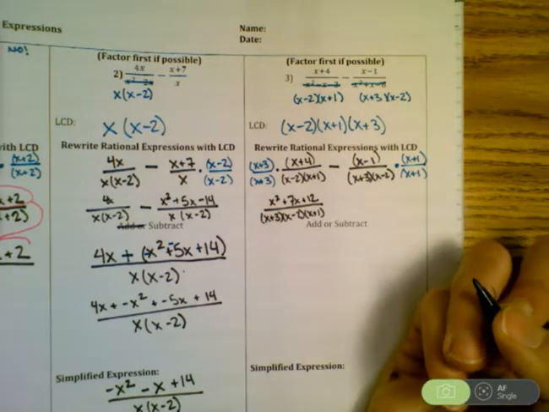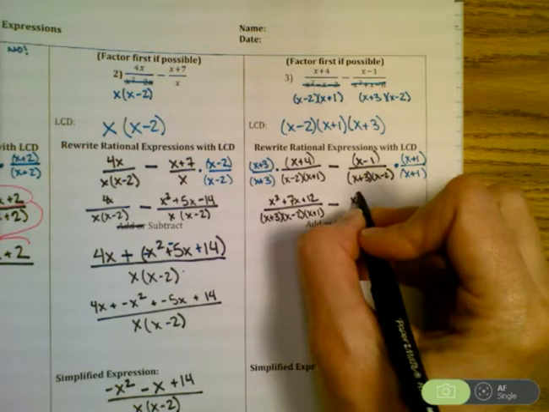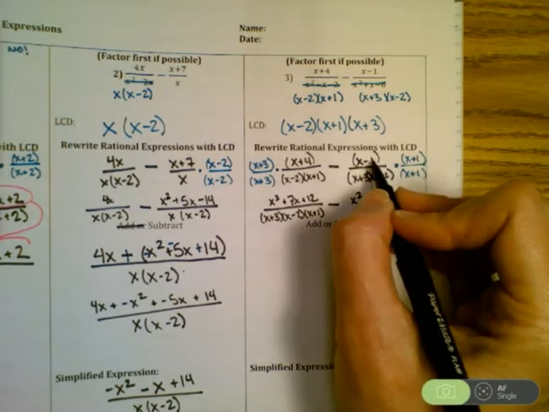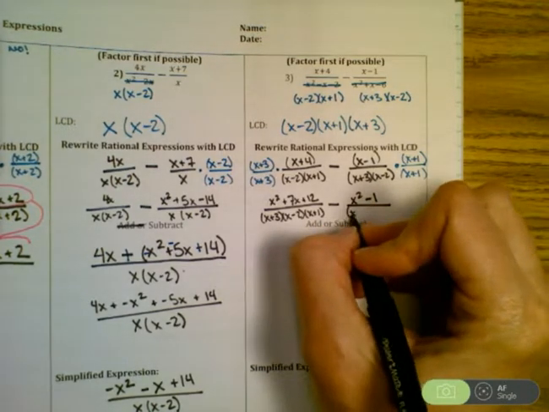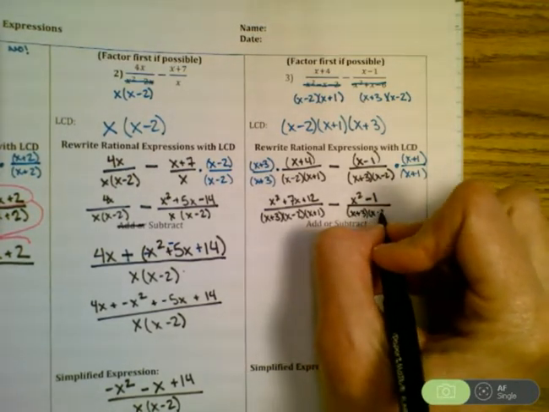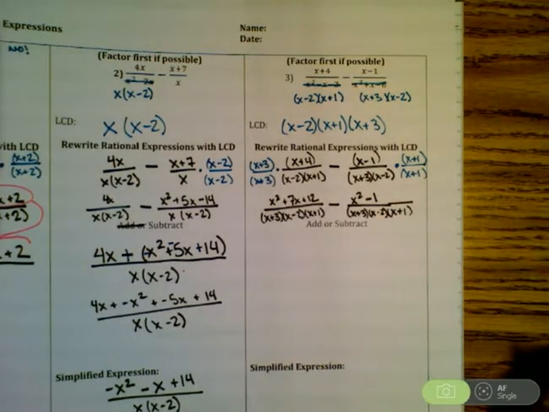Now you're glad you don't have to multiply out the bottom, right? It'll just take more time. x times x is x squared. x times 1 is 1x minus 1x. Well, that's nothing. Negative 1 times 1 is negative 1 over x plus 3, x minus 2, x plus 1. Yeah, it's annoying to write over and over, but at least you don't have to multiply it all out, right?